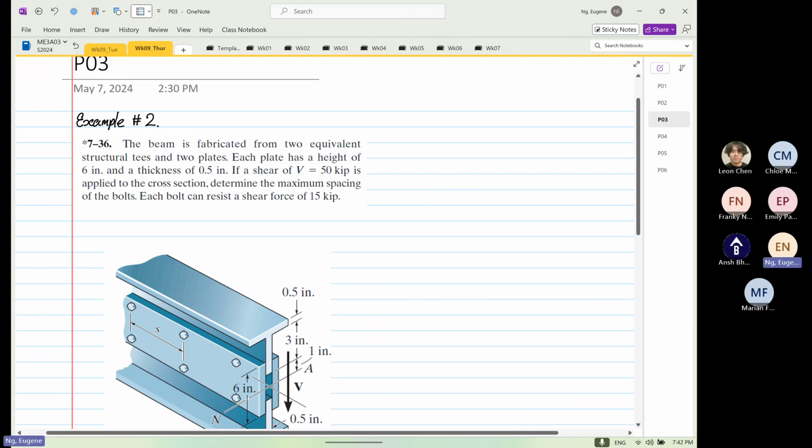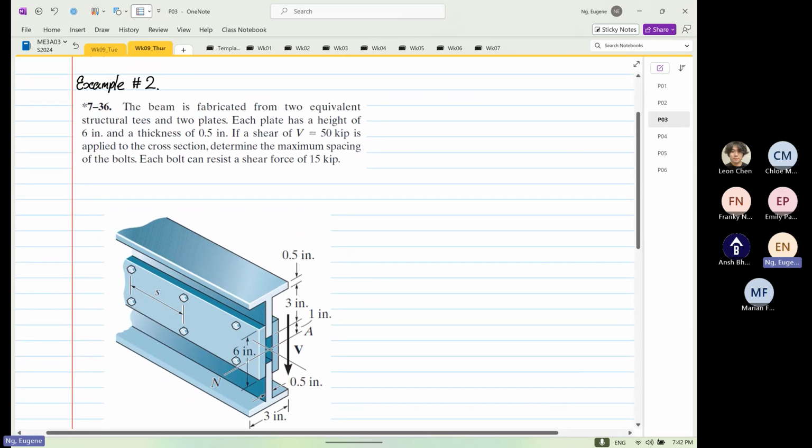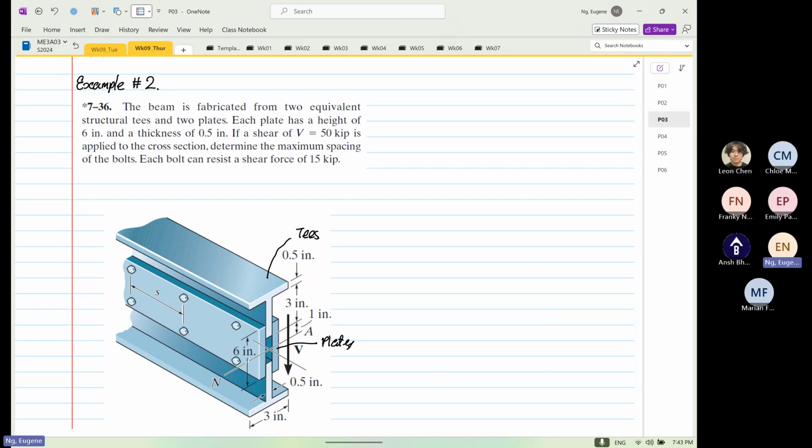So the beam is fabricated from two equivalent structural T's and two plates. Okay, they call these T's because they have the shape of a T, and these are our plates.